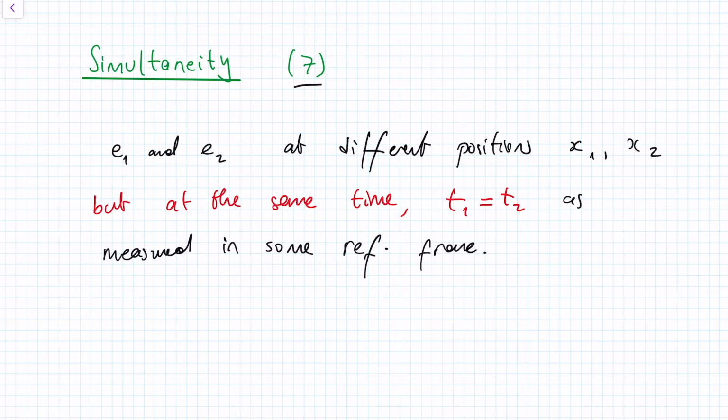To better understand this, because now we will look at the relativity of something being simultaneous, let's do a simple example. Let's solve a question, and then we will look into a paradox and resolve that paradox.